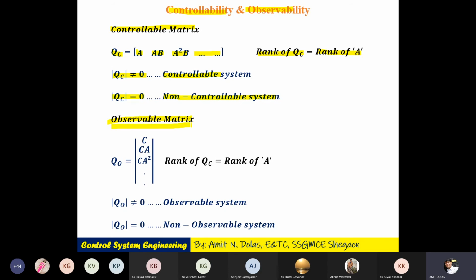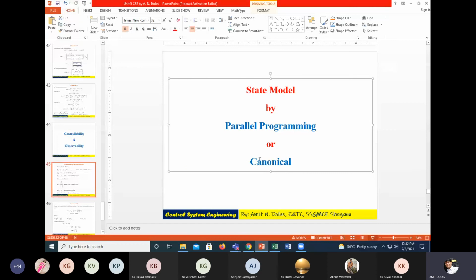Similarly, the observable matrix is vertical, n by 1. So QO is the observable matrix. It is C, where C is the output vector. We write Y is equal to C x of t. Then CA, CA square, in this way we may write.